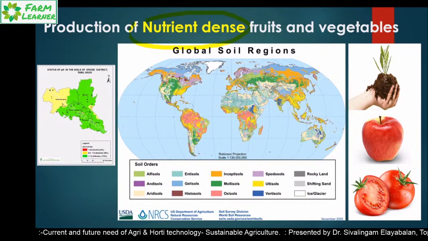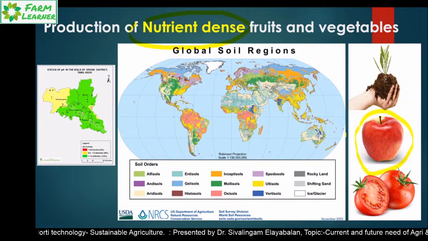The name is nutrient dense. Why do we want to eat nutrient dense fruits and vegetables? Yes, in our day to day life we get all the fruits and vegetables from the market. How many of you know the nutrition profile of individual fruits and vegetables? Where it was grown, which soil it was grown in, we don't know.